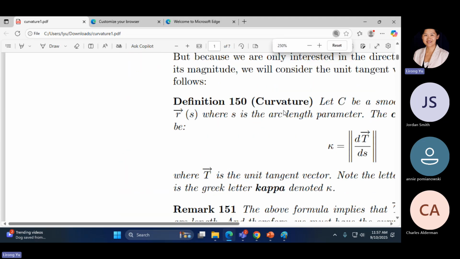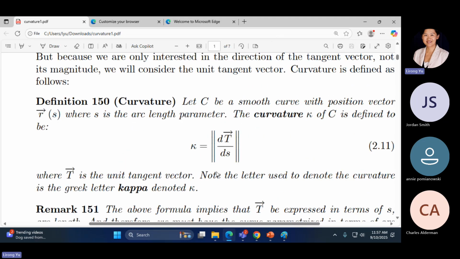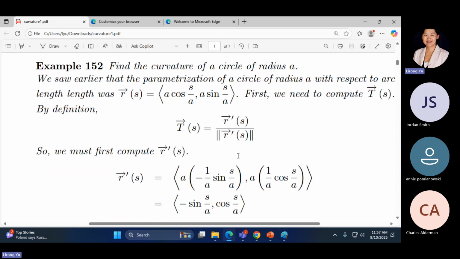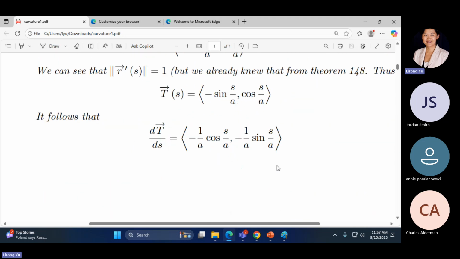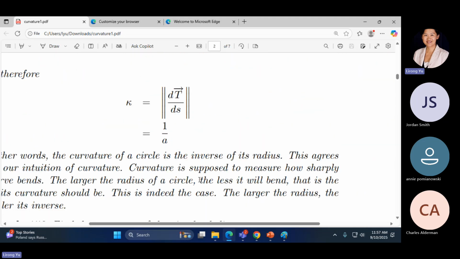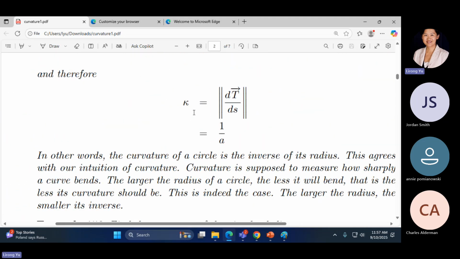Where is it coming from? It started out with the same definition: curvature equals the magnitude of dT, the derivative of the tangent vector, if the parameter is s, and that was the original definition. And when we also find out this is our definition for T, using the chain rule, we can have some. That's K equal to 1 over a, the radius of the circle of curvature.